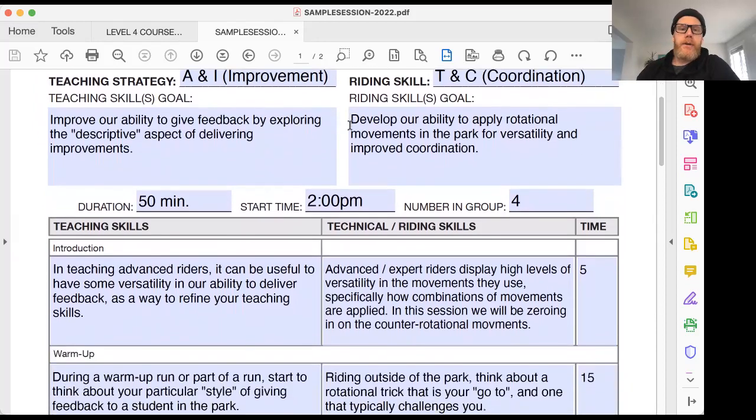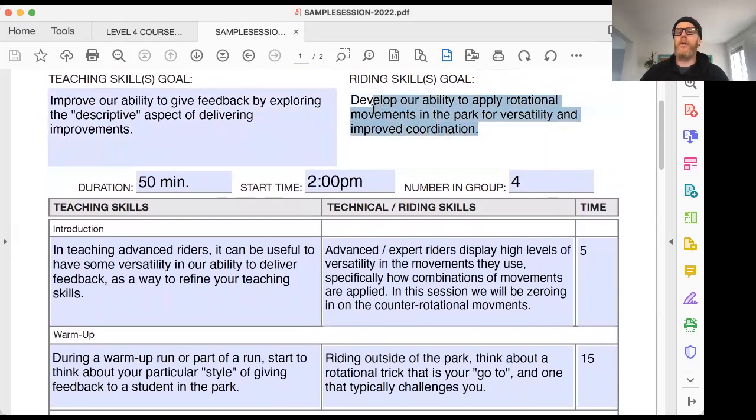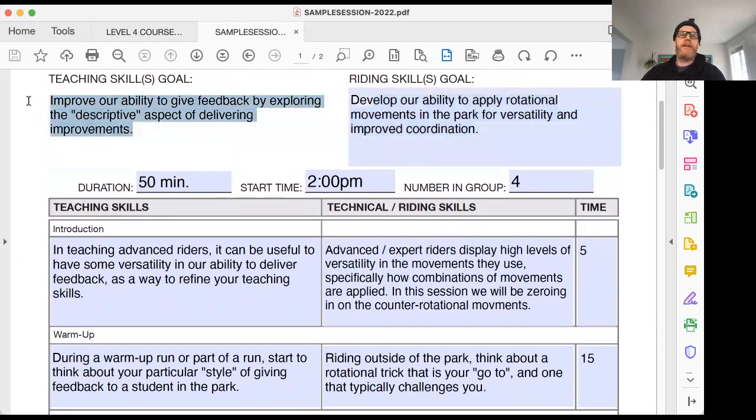So as we progress down in the session plan, these are the most important two parts of this session planning exercise, I think. That's where we identify the goal around the teaching skill that you want your students, your instructors in your group, to walk away with, and the goal along with the riding skill. So at the end of the session, we should have improved our ability to give feedback by exploring different methods of delivering improvement, the descriptive aspect.